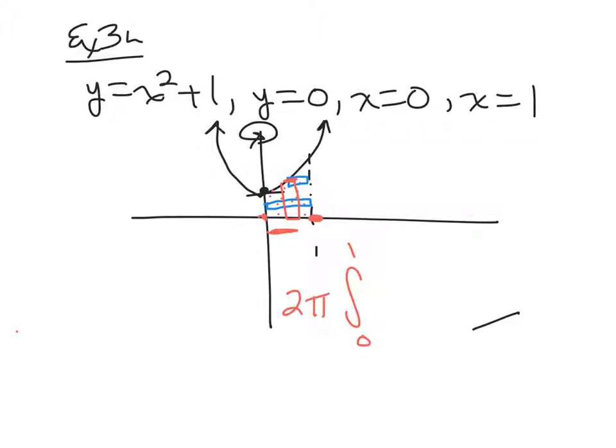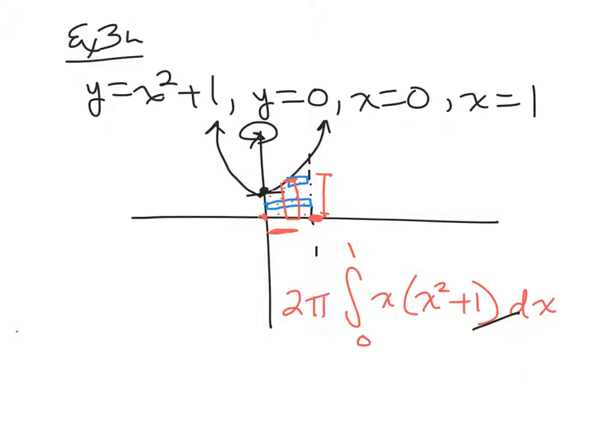There's my p of x. What's my p of x going to be, fellas? x. That's right. And then here's my h of x. It's the height of the rectangle, which is defined by the curve, x squared plus 1. And we slap a dx on that, and we evaluate that integral, and we'll have it.